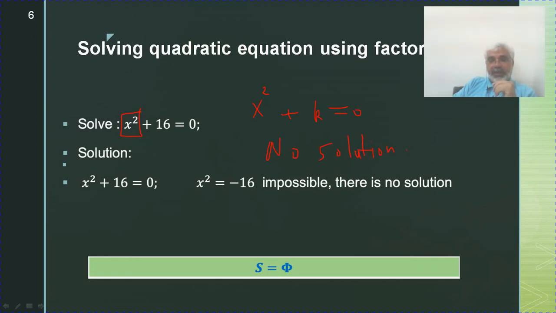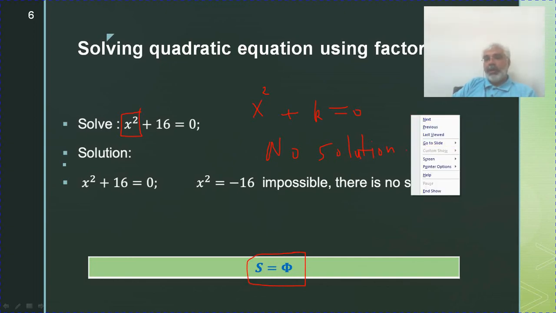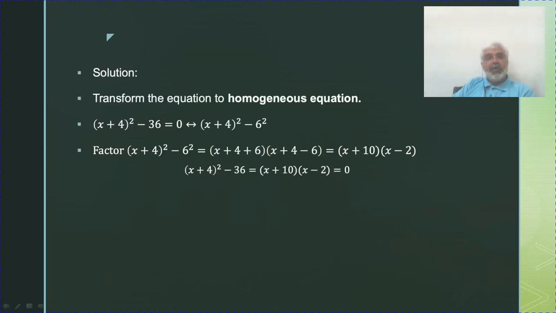Or you can write that the solution set is the empty set. So when we have x squared plus k equal to 0, there is no solution. Well, I think we will go to this now.